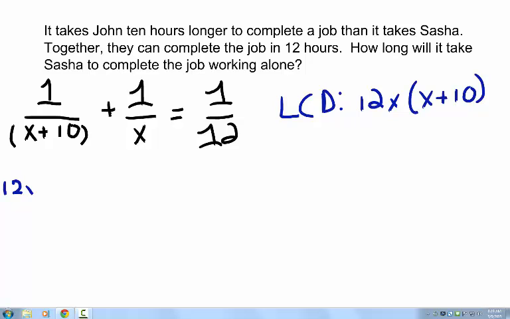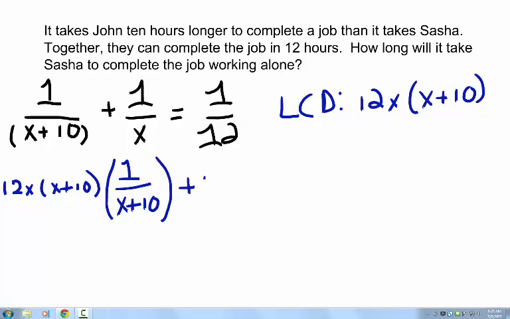So I need to distribute 12X times X plus 10 through every term in the equation. There are different ways to write this out when you're distributing.